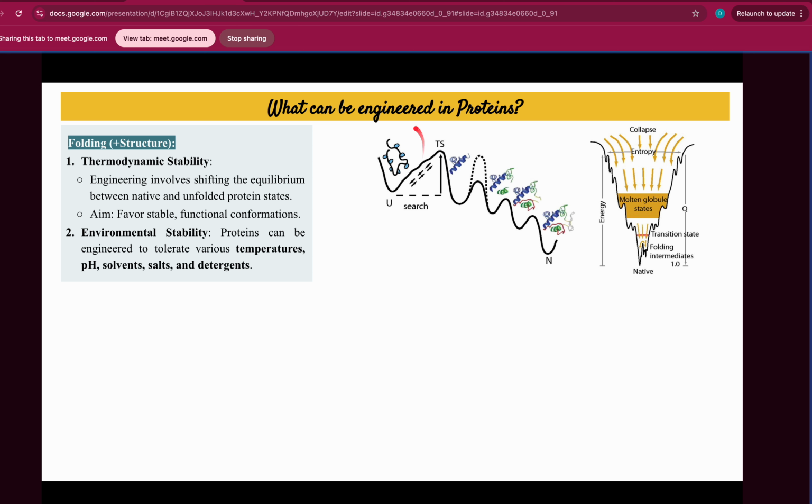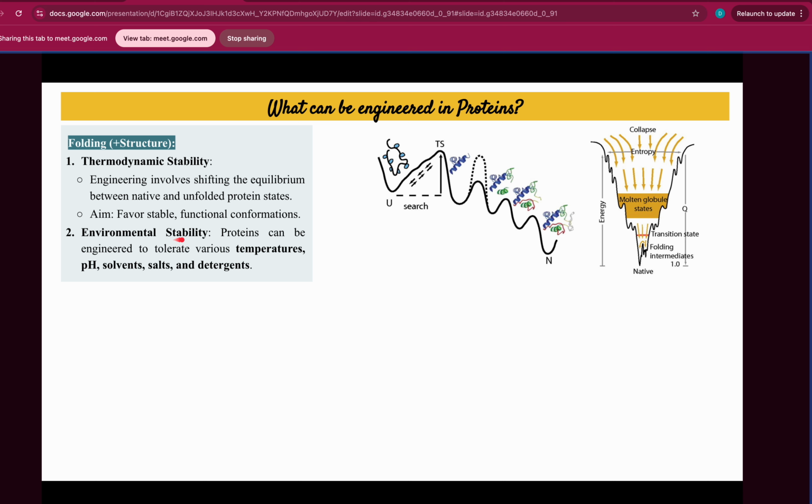If we have a certain protein which is in a folded state, we can make some changes so that it moves down the energy landscape and gets into a native-like conformational state. This happens when we are designing new proteins, and in that we can make it thermodynamically stable. The aim is to favor stable and functional conformations, because the more stable the protein, the better its functionality will be.